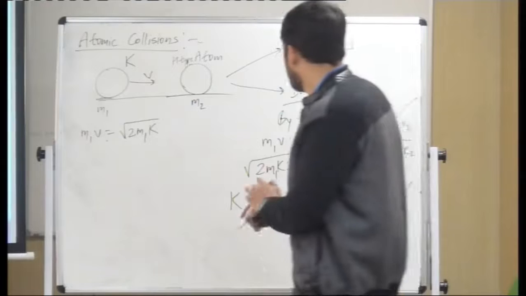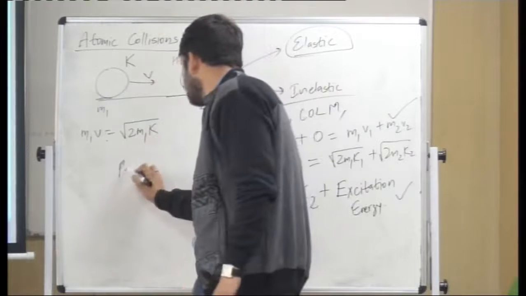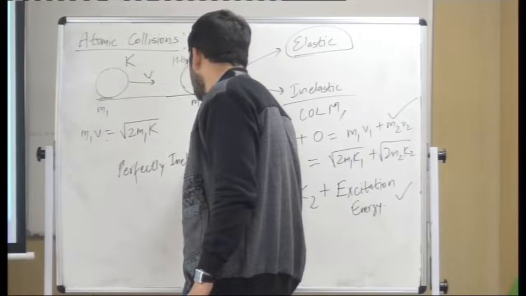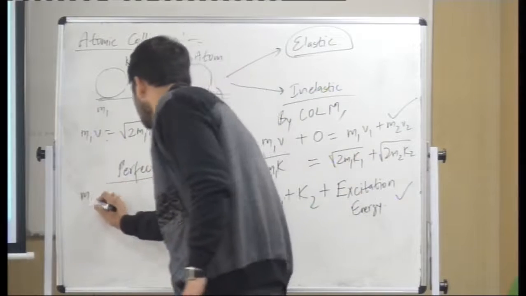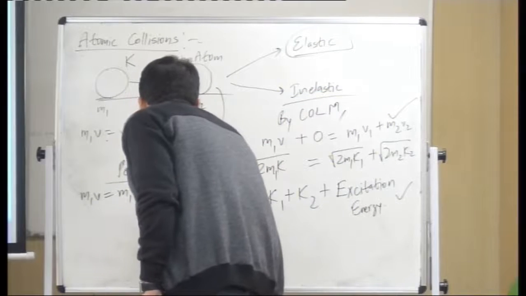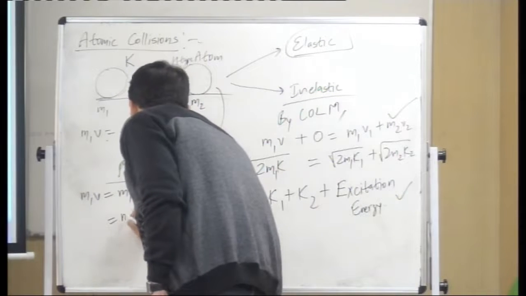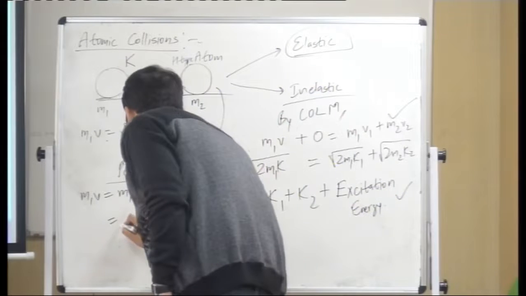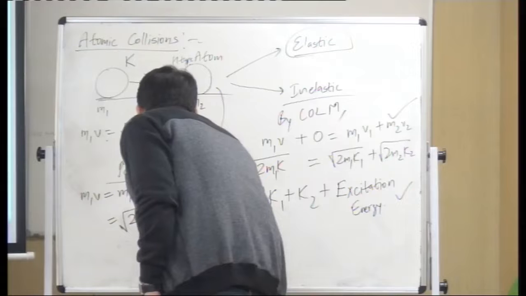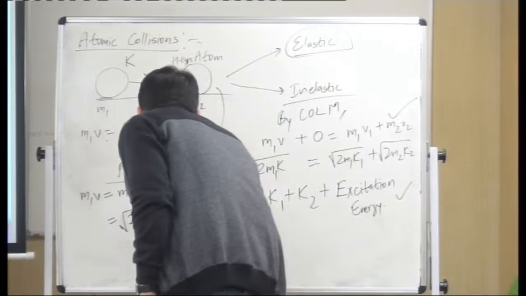So for perfectly inelastic, m1v is equal to m1v' plus m2v', or this would be again, no, it won't affect a lot, root 2m1K1 plus root 2m2K2.